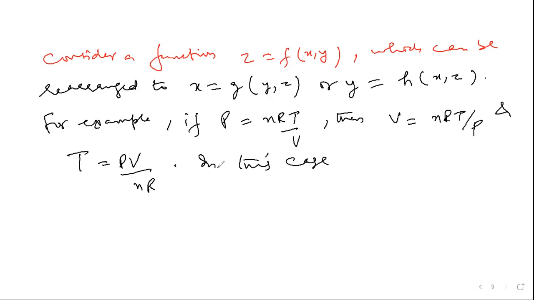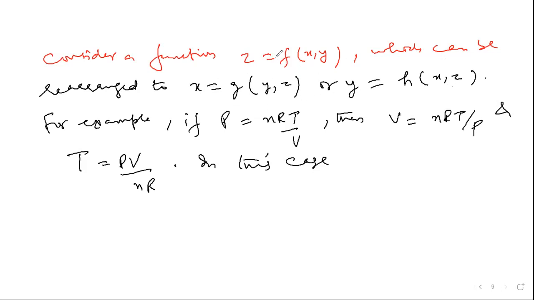we have a function z equal to f of xy, which can be rearranged so that it can be expressed as a function of yz, x as a function of yz, or y as another function which I will represent by h of xz, and so on.